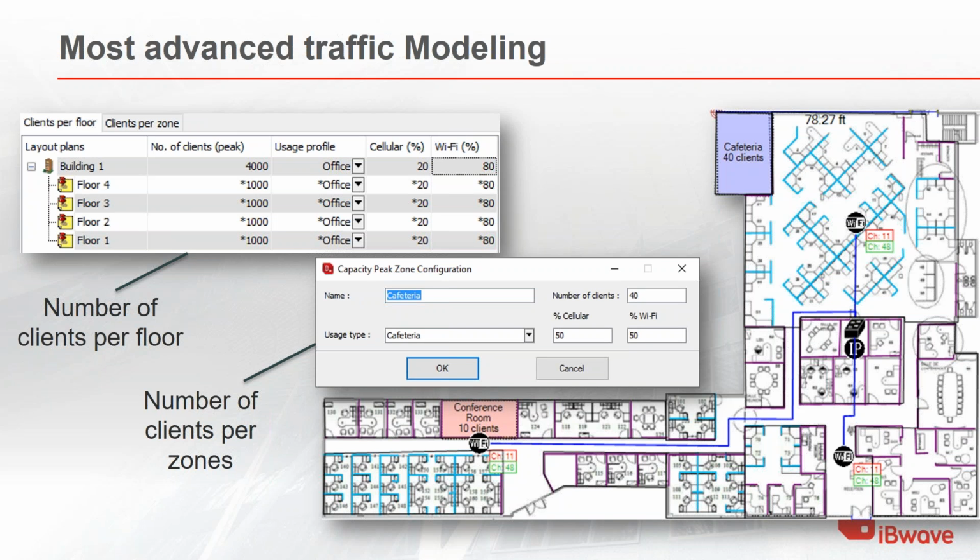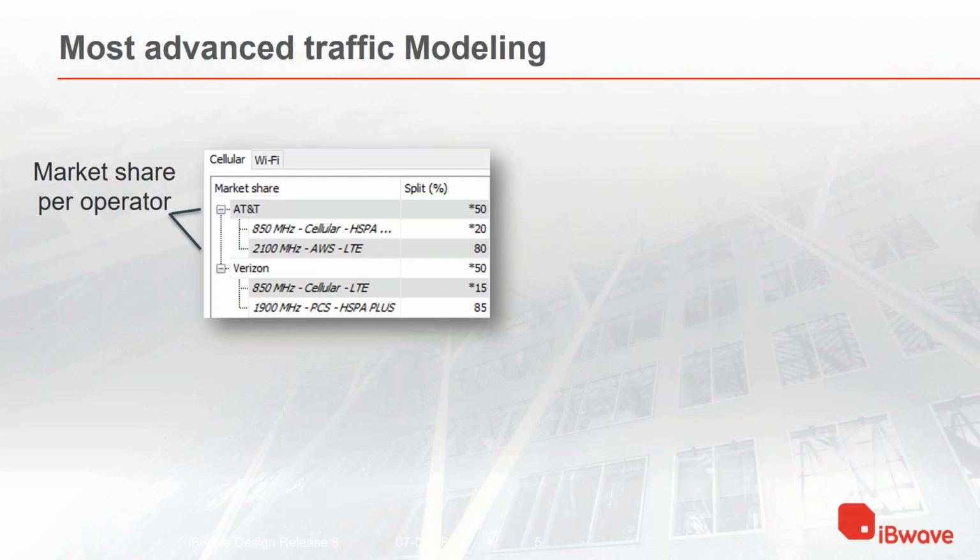So you can handle those hotspots as part of your design. Very importantly as well, what we've added is the capability to combine multiple services in the same project. There are a lot of projects where multiple network operators are providing services, and on top of that you always have a mix of technology.